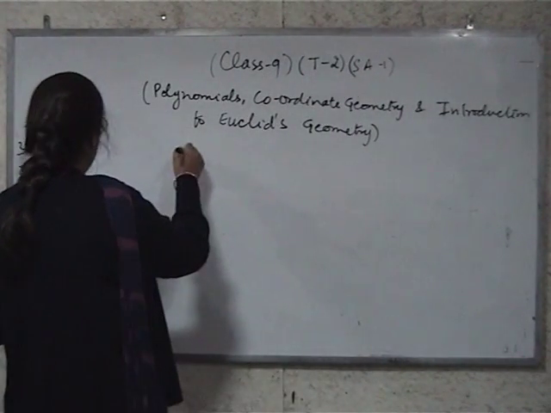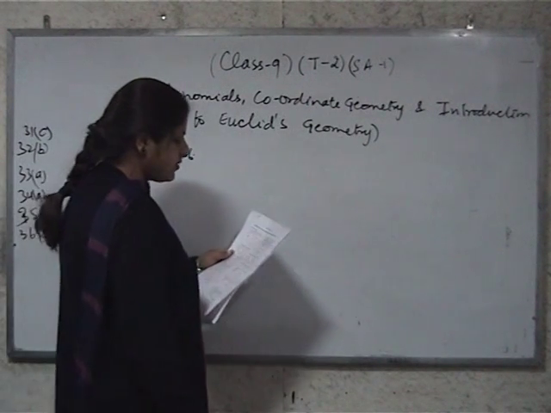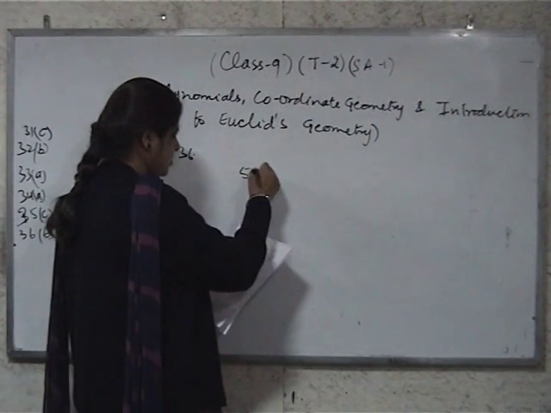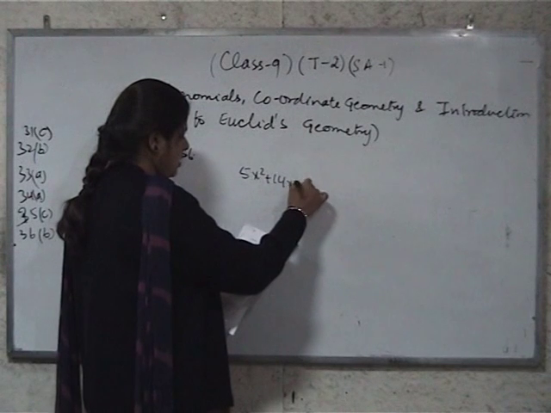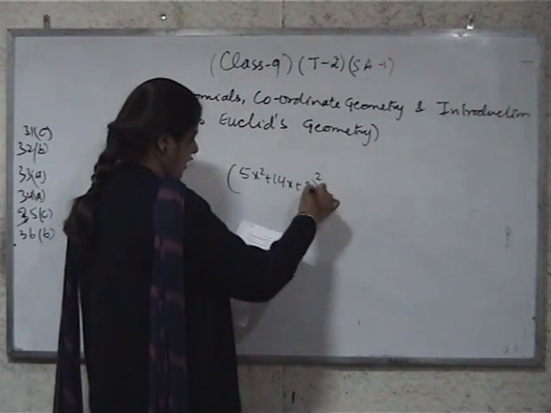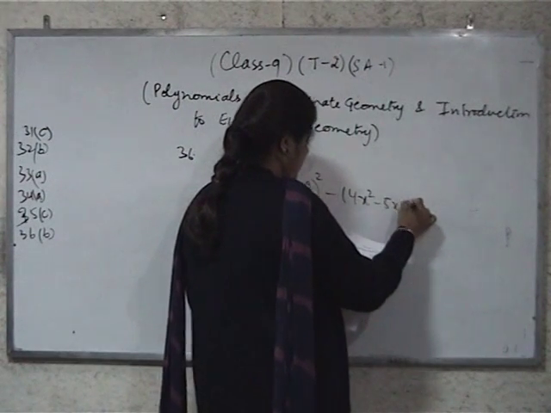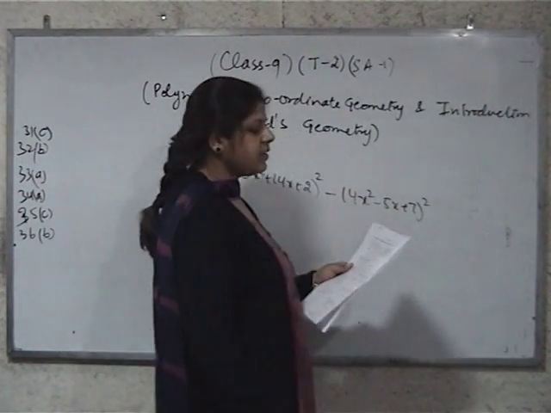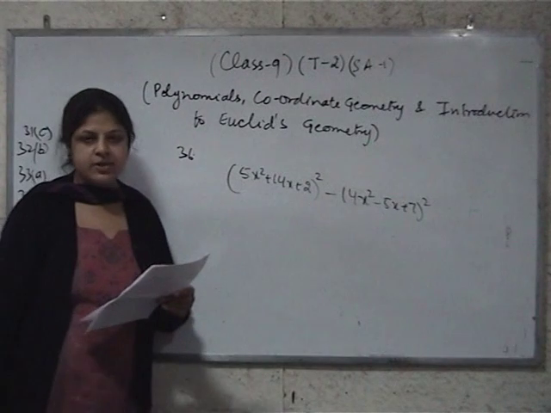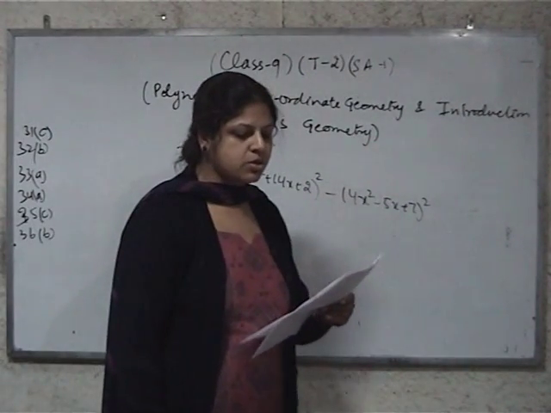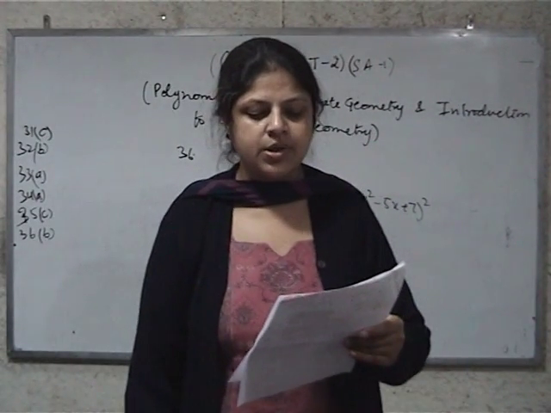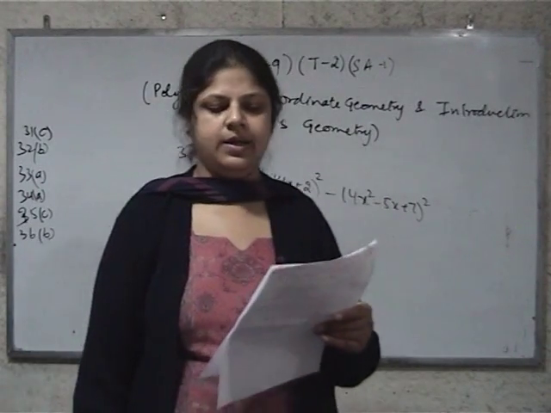Question number 36 is, if (5x square plus 14x plus 2) whole square minus (4x square minus 5x plus 7) whole square is divided by x square plus x plus 1, then the quotient q and the remainder r are given by. Let us see.